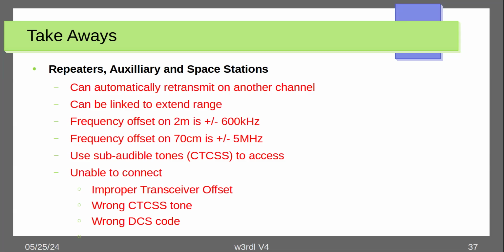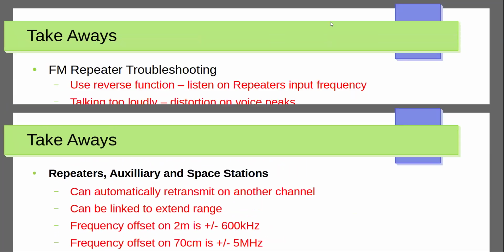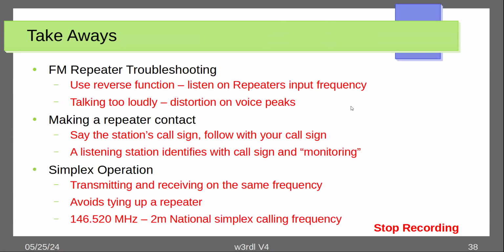We talked about the offsets and subaudible tones, CTCSS, what that stands for, and what to do if you can't make a connection, what might be wrong. Using the reverse function to troubleshoot to see what the repeater is actually hearing. How you make a repeater contact and how you make contacts on simplex.